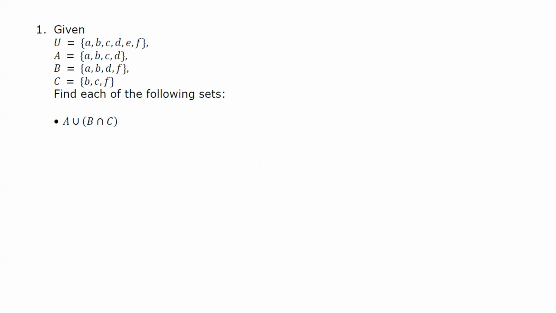All right, number 1, we are given the universal set, A, B, and C, and we're asked to find the following. So we're first going to find what is in the parentheses first. So the intersection between set B and C. And that is going to be the letters B and F. Okay.